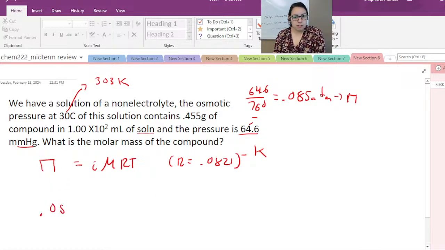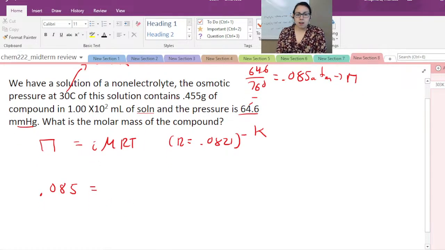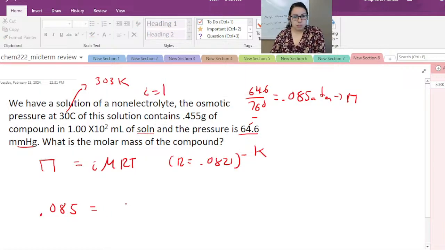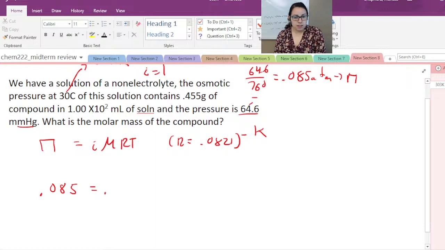So 0.085 is equal to, and in our case i is 1, so we can get rid of the i because it's a non-electrolyte. So now we're just left with M R T. We're solving for molarity, with our gas constant times our temperature.